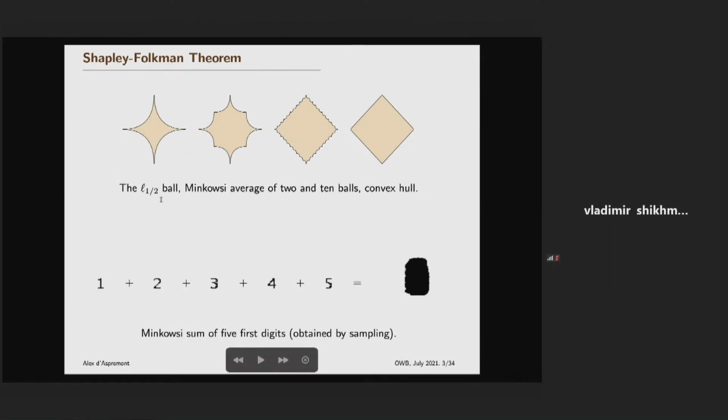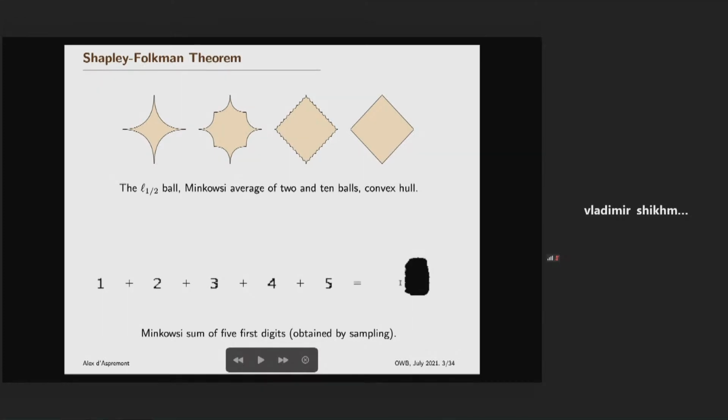So in this simple example, we see, and this is also true for the sum of arbitrary sets that have about the same size. If I take digits, for example, in machine learning, that's a classic way to start a talk, and you consider these digits as point sets, and you take the Minkowski sum of the set 1, the set 2, the set 3, the set 4, and the set 5, the set you get looks like this, roughly speaking.